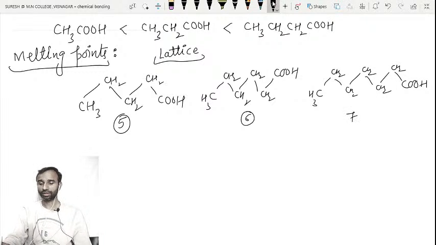So tell me, out of these three, which one is more symmetrical? Which one is more symmetrical?